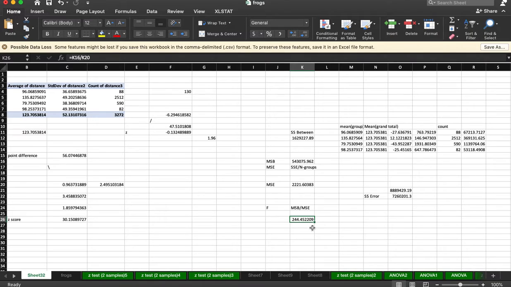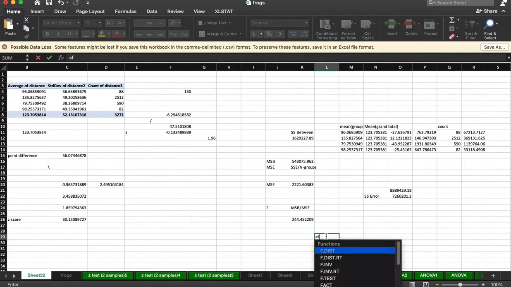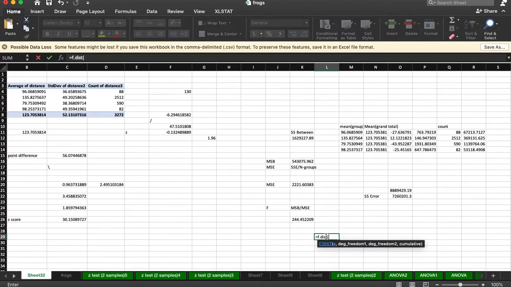244.4. If we want to see that in a p-value, we could do equals F.DIST. Our x is this. Our degrees of freedom 1 is the number of groups minus 1, 3. Degrees of freedom 2 is the count minus 4. And we can say true.